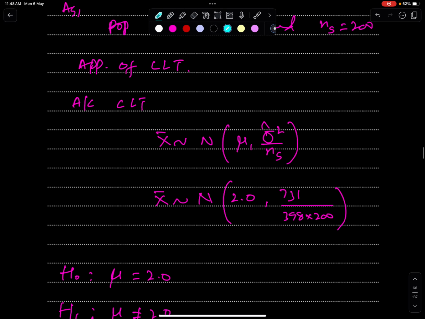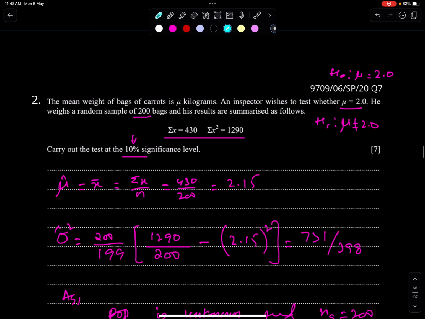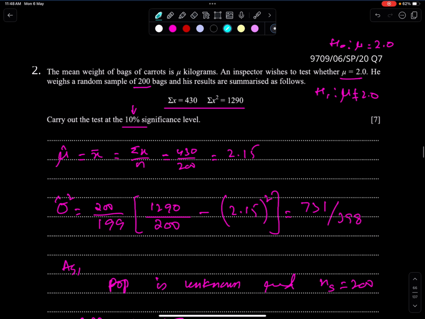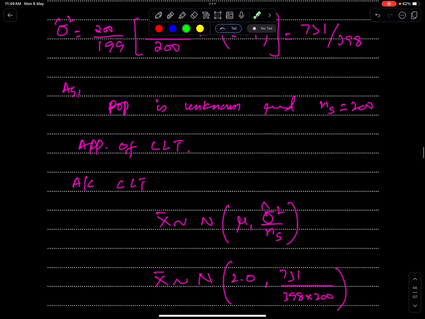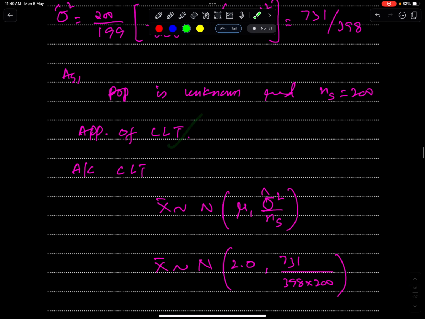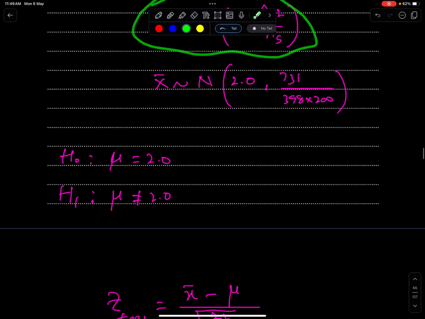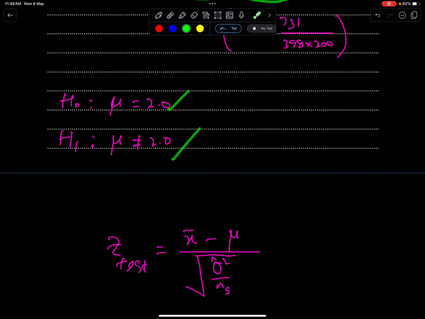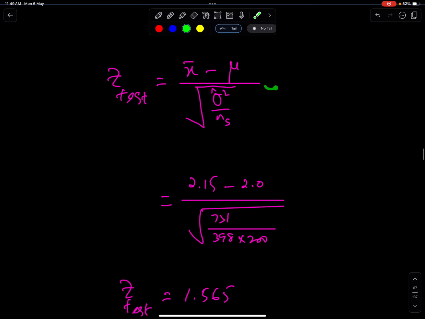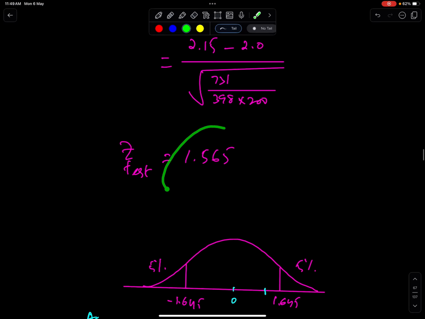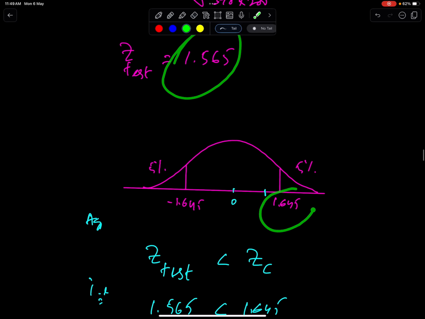This is the way to solve questions of these types, continuous distribution. First we got x bar, then we got sigma cap square, and then according to CLT we wrote the distribution of x bar, then we wrote H0 and H1, then we got the Z test with the help of this formula, and then we compared this Z test with the critical value.